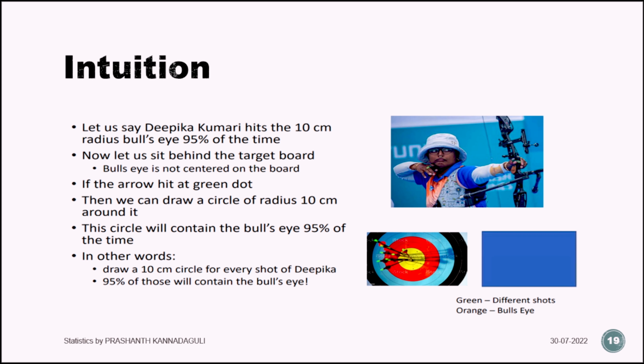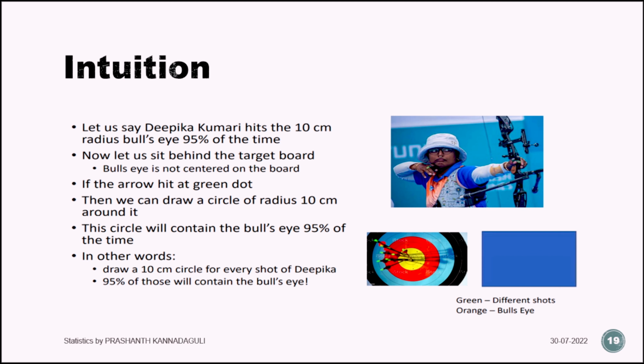Now, the idea is that the circles will contain the bullseye 95% of the time. Can I make that statement? Look at the first statement we made: whenever she hits the arrow, 95% of the time it will hit the bullseye region. So any point you hit, draw a circle, and that should contain the point you are supposed to hit.